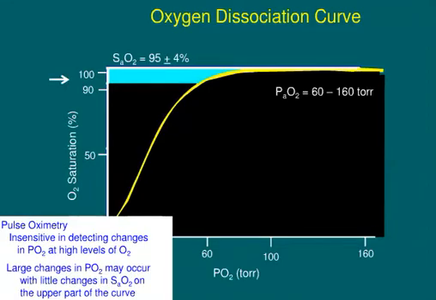Large changes in PO2 may occur with little changes in SaO2 on the upper flat part of the curve. For example, the 95% confidence limits of pulse ox have been quoted to be as much as 4%. If we take a saturation of 95, that could mean a PO2 anywhere from 60 to 160.